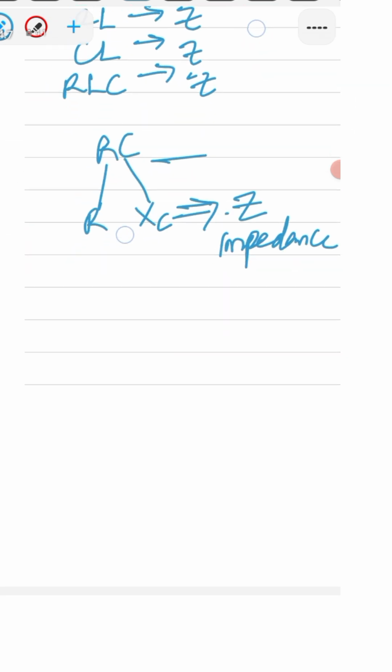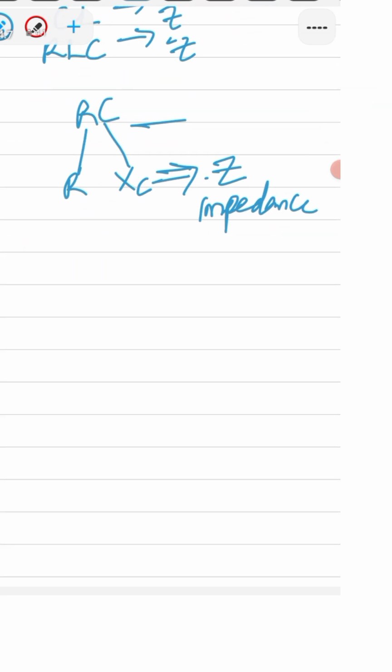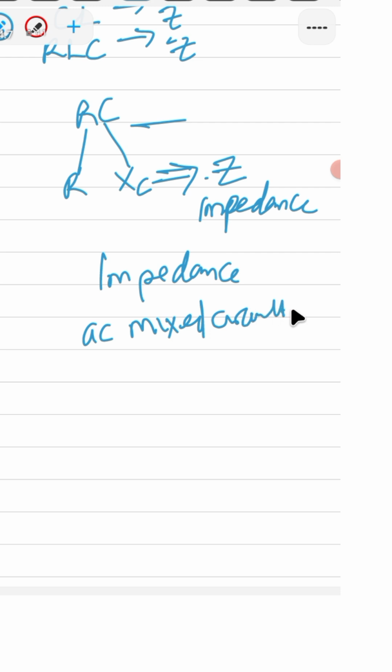So what is this impedance? Impedance can be defined as the overall opposition, as you can see the word overall, offered to the passage of current in an AC mixed circuit. Hope you have gotten that.